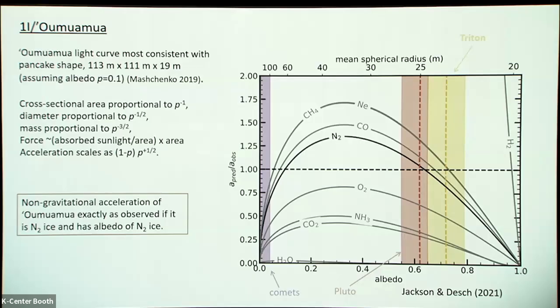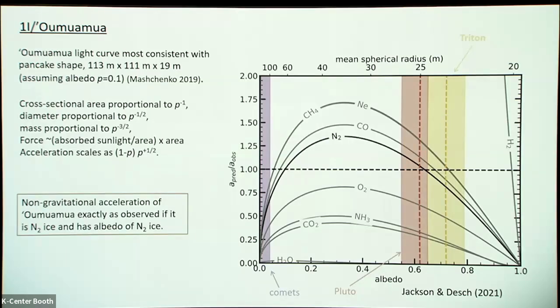But in fact, if you allow albedo to be a variable, you'll see that the amount of heat you absorb goes down as the albedo increases because you're talking about a smaller body, but the mass is also going down a lot faster. So the acceleration kind of scales with the albedo like this, and that's how you generate these curves.